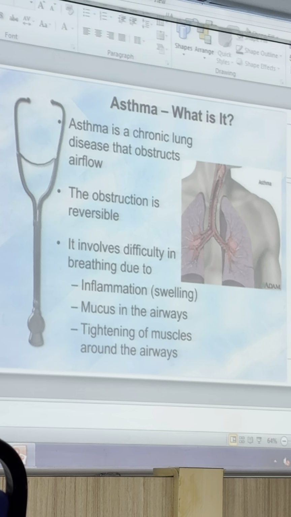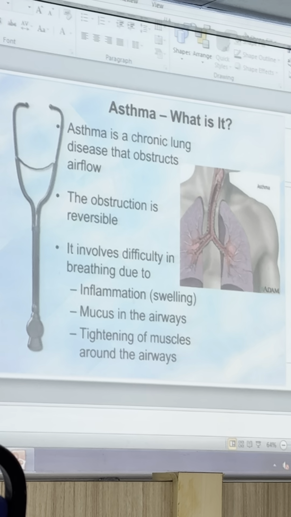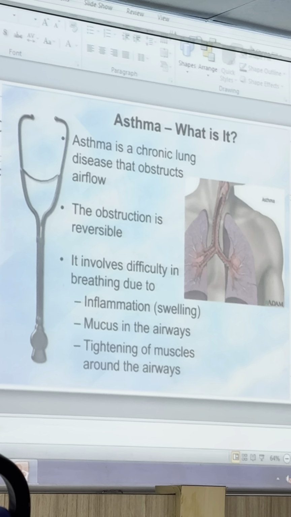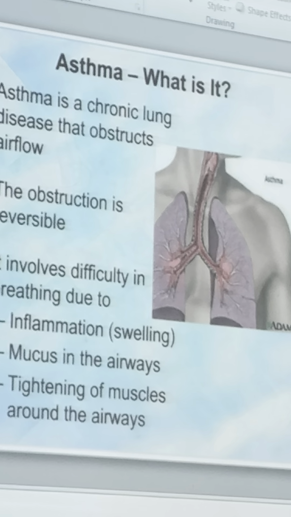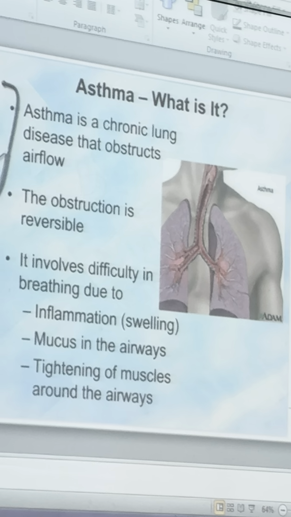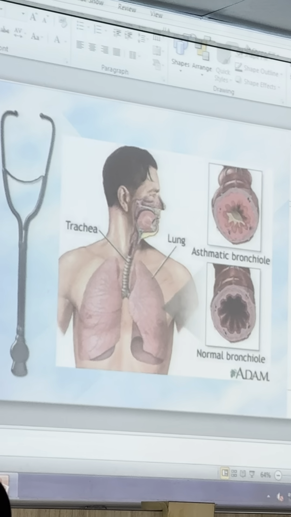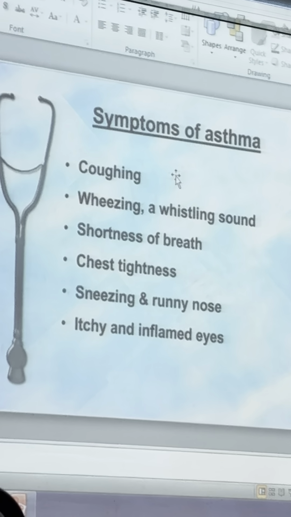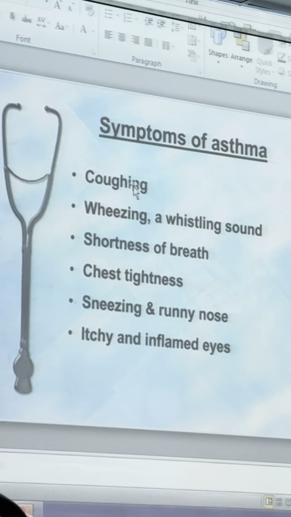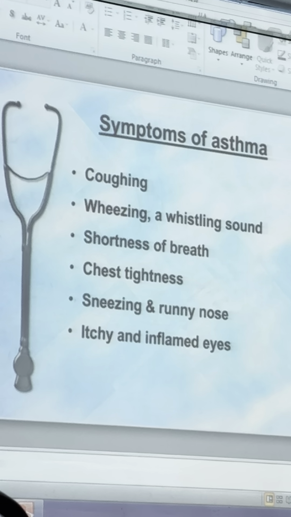Okay, so for asthma, I already told you to remember the short keywords: IgE, produces eosinophils, type 1 hypersensitivity, all that you can remember. The 3 main symptoms of asthma: coughing, wheezing, shortness of breath.